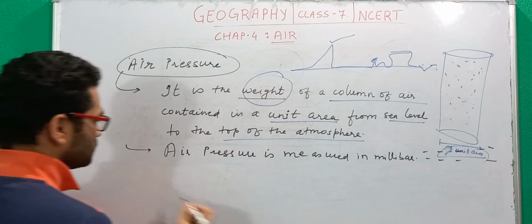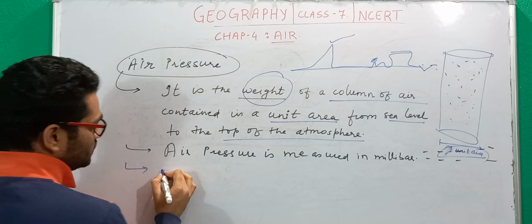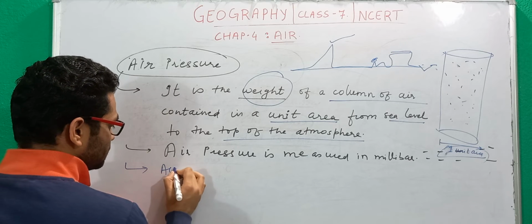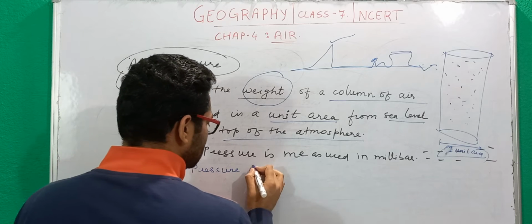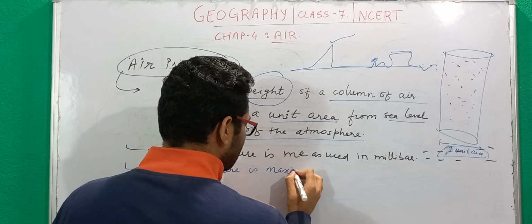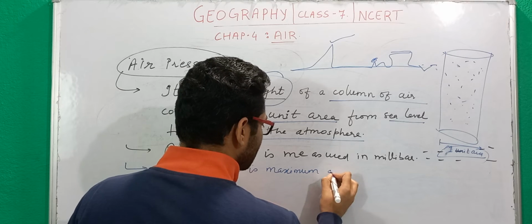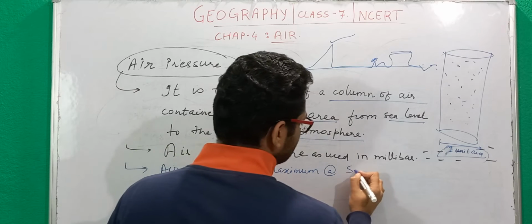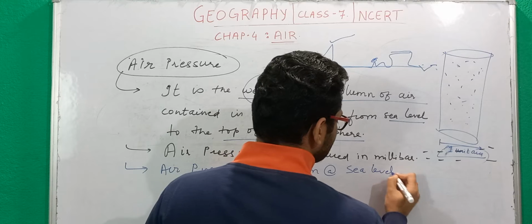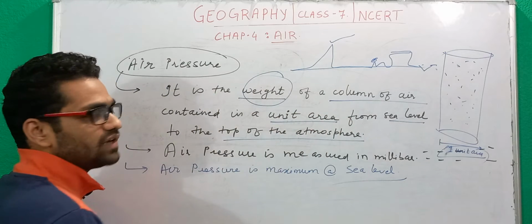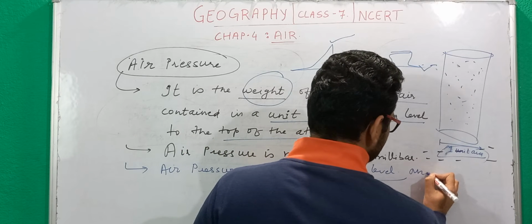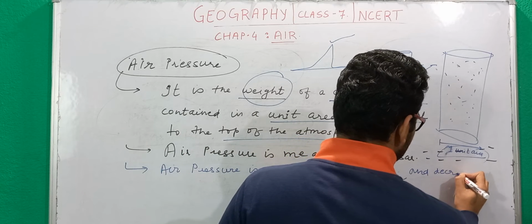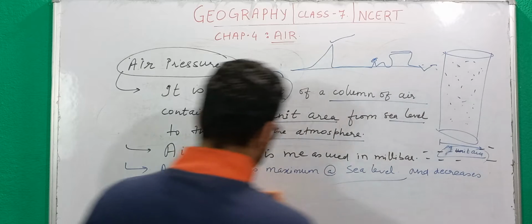And one more important point: air pressure is maximum at sea level, and it varies on land, and it decreases with altitude.